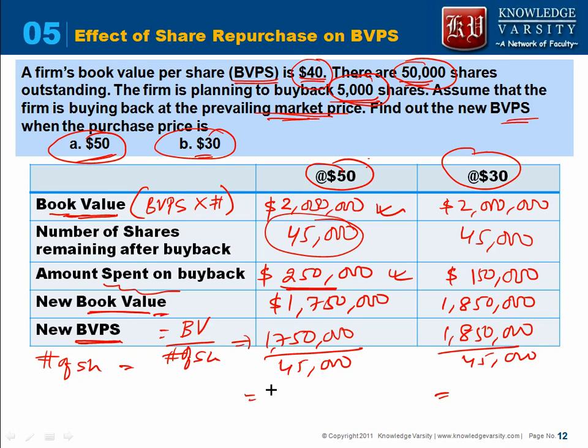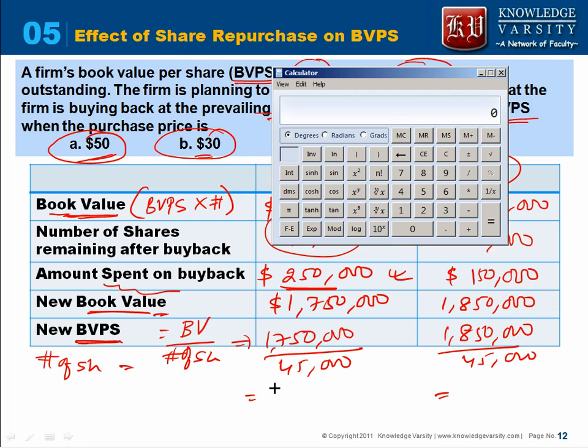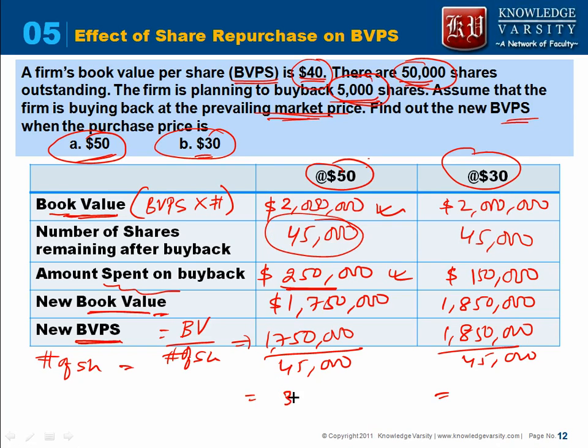So let's compute these two. We have 1750 divided by 45, so it is 38.88. Next one is 1850 divided by 45, so it is 41.11. So this is 38.888 and this is 41.11.